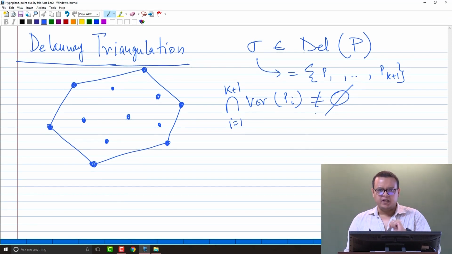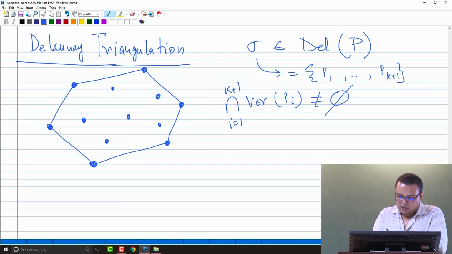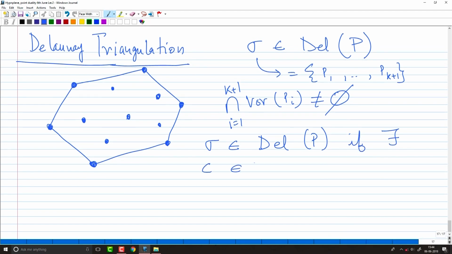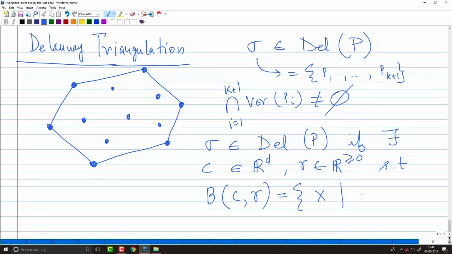So another way to look at it is saying sigma will belong to the Delaunay of P if there exists c belonging to R^d and r belonging to R such that the ball centered at c with radius r, and I am talking about an open ball, is empty. When I write B(c, r), this means all x such that the distance between c and x is less than r.